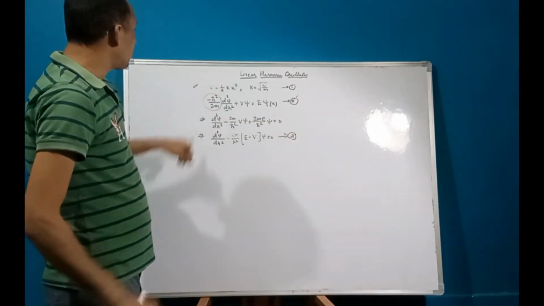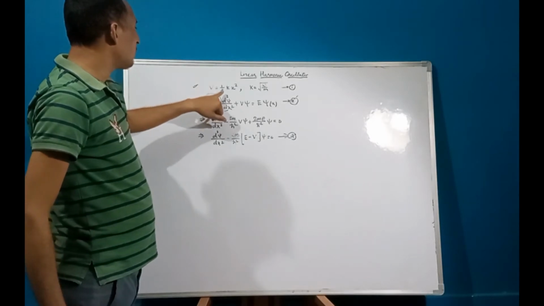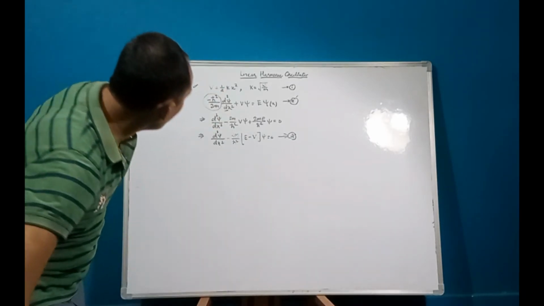Now, from equation 1 we know that V is equal to 1 by 2 k x square.